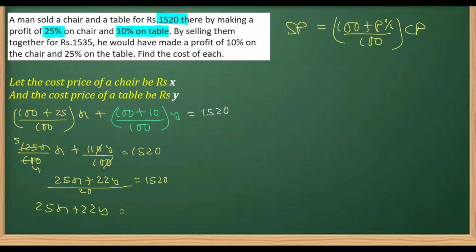On multiplying 152 with 2, this is 0, another 0, and 2 with this is 4, 5 into 2 is 10, and 2 into 1 is 2, 3. This is what we got as the first equation.